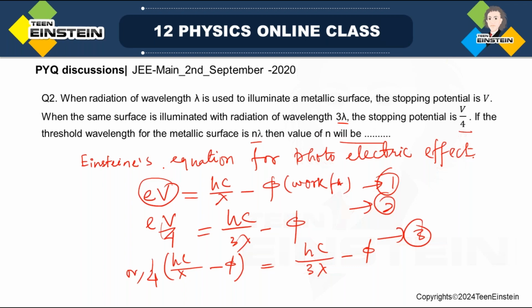So if we solve this, what should we get? If we do this calculation carefully, we will get phi.